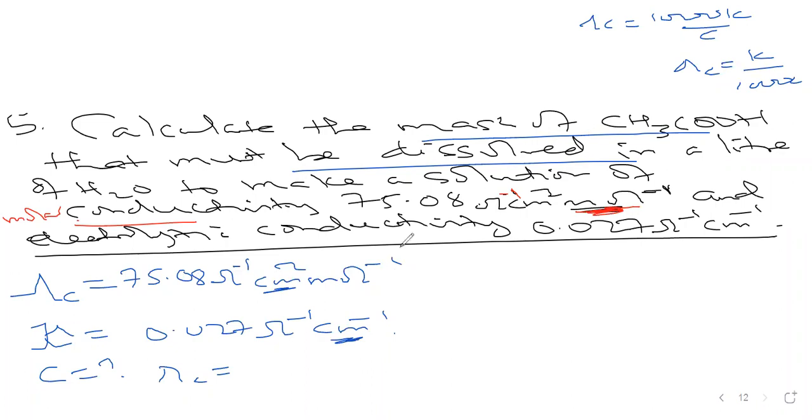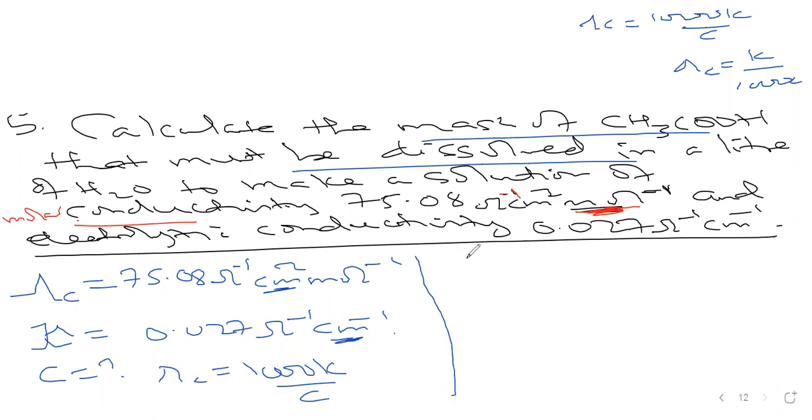This one is used when we have centimeters in the units. So we shall use now 1000 K over C.